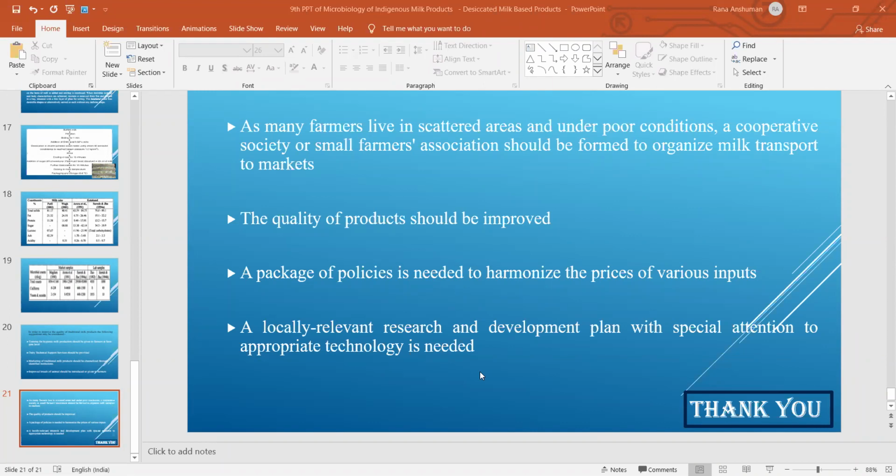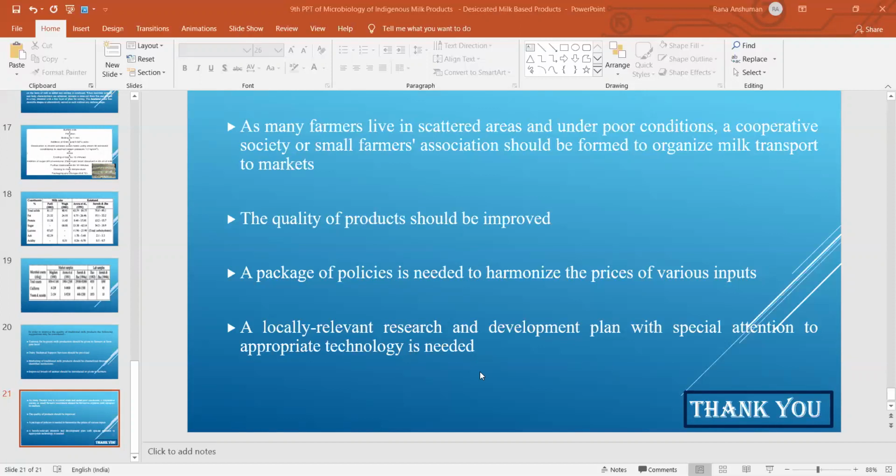So it is very important to standardize the method of manufacturing of all these products, and we should recommend a definite practice, or give a definite package of policies to harmonize the prices of these products. And at the same time, if we give proper feedback to the manufacturer by examining the quality of these products, they can improve the overall microbiological standard of all these products.